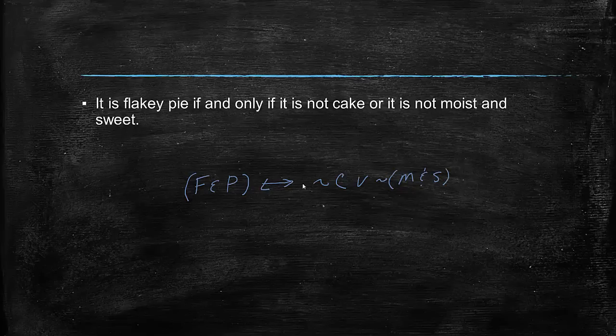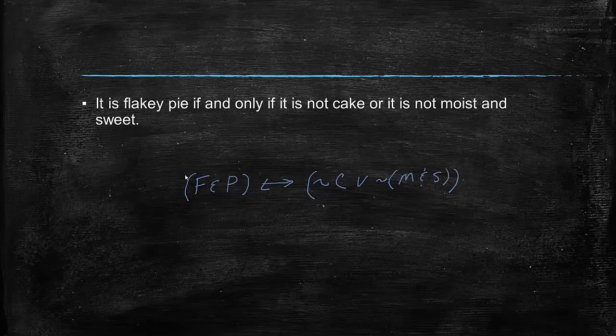Okay? So it is flaky pie if and only if it is not cake or it is not moist and sweet. Now we're missing some brackets right here. We have brackets here, right? So this is what we would call a formula. And this entire disjunction now requires brackets.